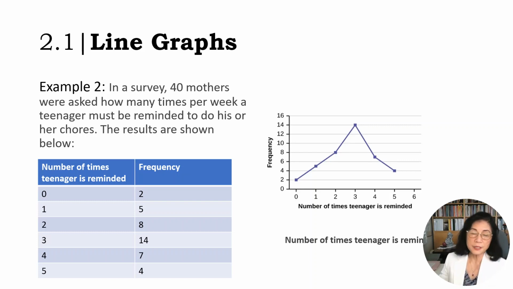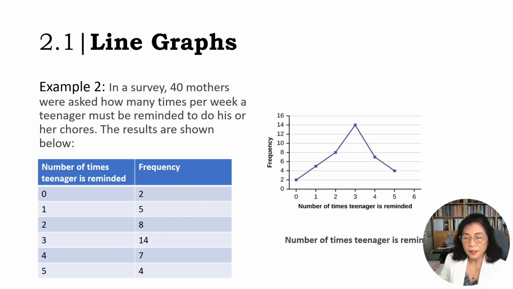So how do we bring this into a line graph? We just need to use dots and line segments. When we draw the line graph, first, don't forget, we need to label our graph. The horizontal line will show the number of times teenagers are reminded.